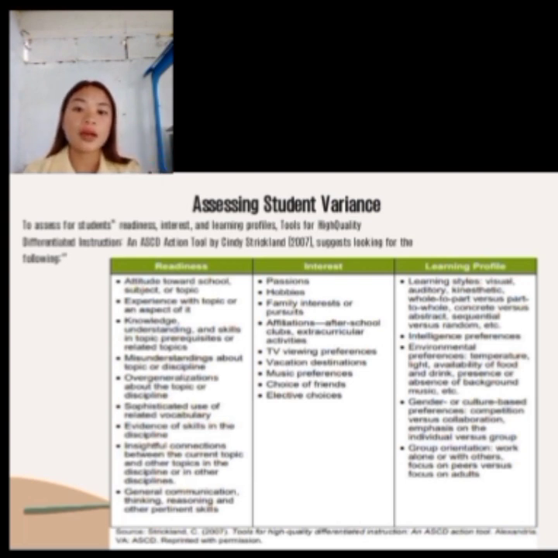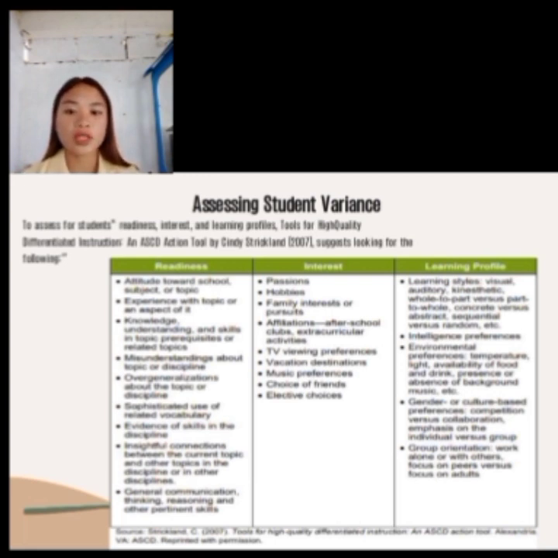So the experience of the student and our current topic have a connection. In that way, we can assess that the students have a readiness to learn. They are insightful about our topic.